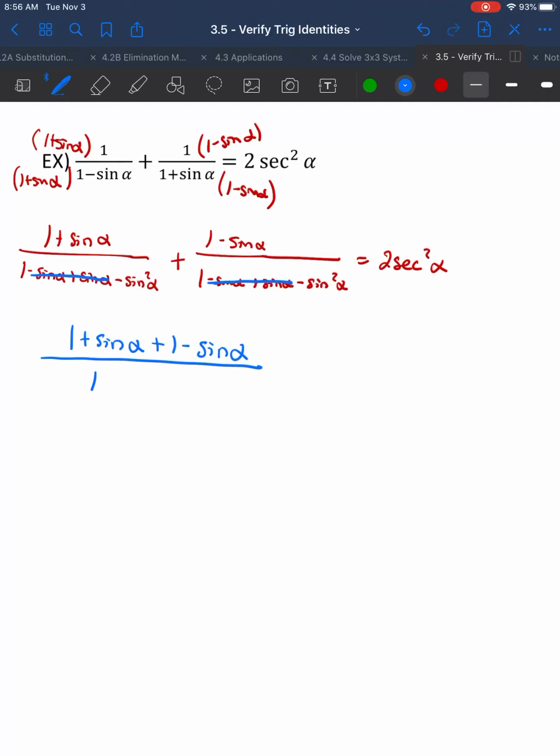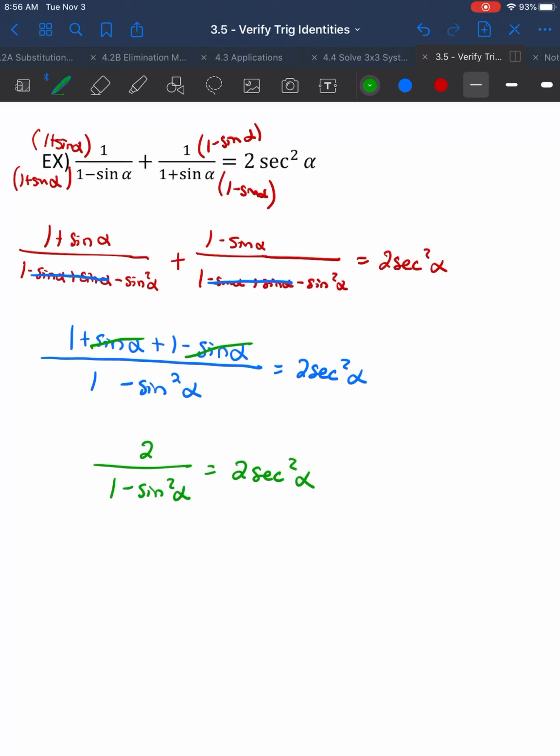I hope you all notice that I have a positive and a negative sine alpha in both of those denominators, so I'm going to go ahead and cancel that. But now in my numerator, I also have a positive and a negative sine alpha. Those are going to cancel. Oops, I forgot my equal sign. So now I've got 2 over 1 minus sine squared alpha equal to 2 secant squared alpha.